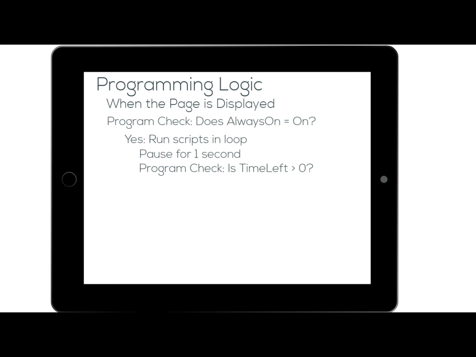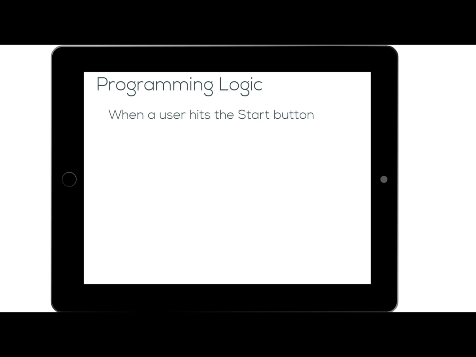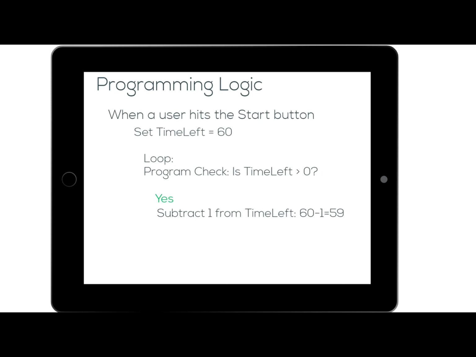It will pause for 1 second and check, is time left greater than 0? When a user hits the Start button, the value of time left will equal 60. So now when the program checks, is time left greater than 0, the answer will be yes, and it will run scripts in the true condition of that conditional statement. It will subtract 1 from the value of time left and check to see if time left equals 0.